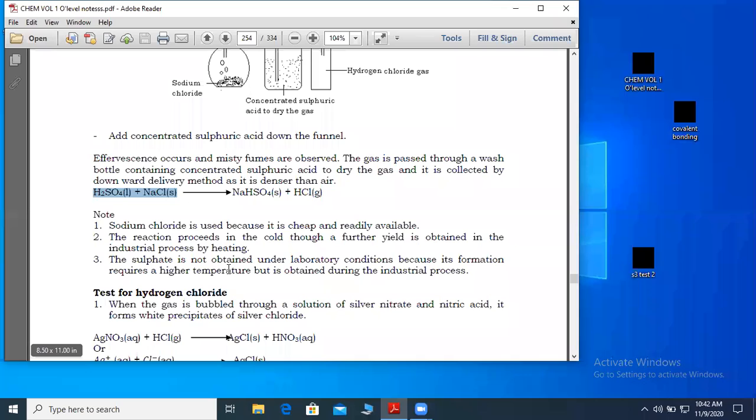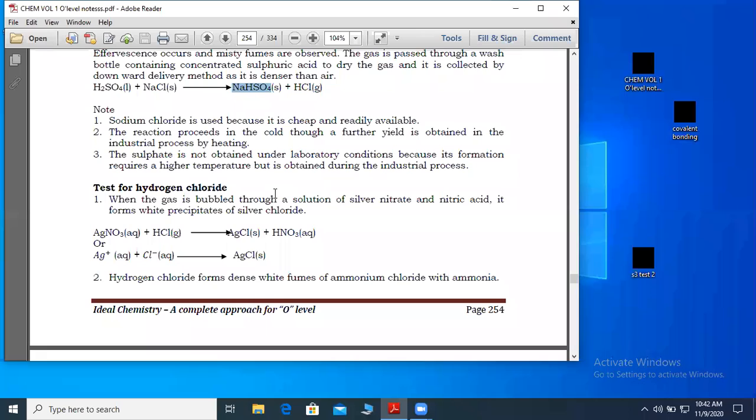The sulfate is not obtained under laboratory preparation conditions because its formation requires a higher temperature, but it is obtained in the industrial process. So there is no sulfate formed here, but instead we form hydrogen sulfate.